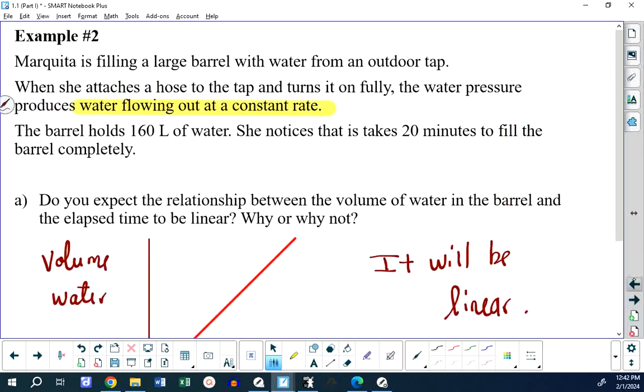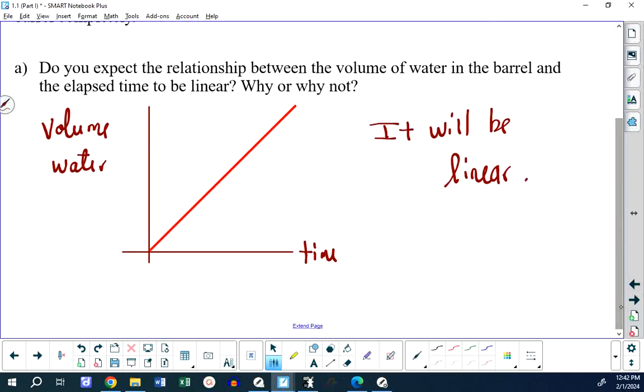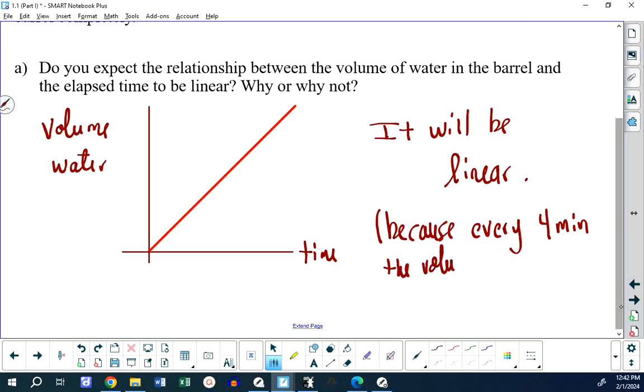So, putting this all together, it will be linear because I'm going to use the table to explain this. Every 4 minutes, the volume increases by, help me out here again, 32? 32 liters.